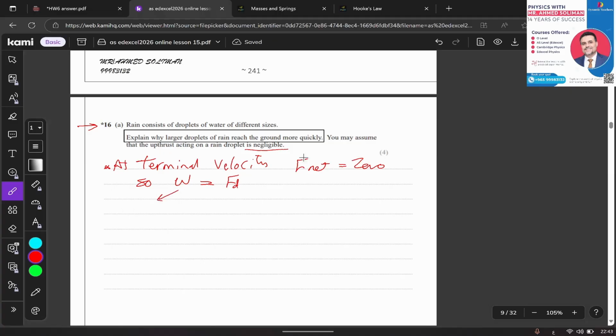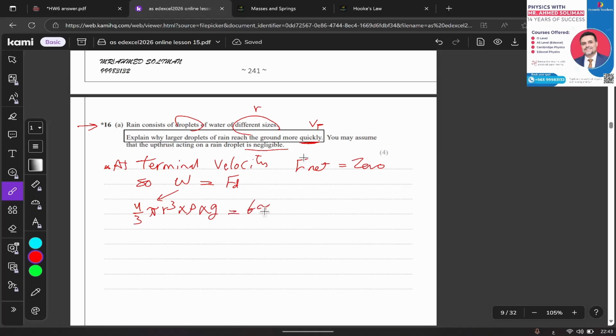Okay, what else? Because we want to find a relationship between terminal velocity and the size, since it says moving quickly. Size, in fact, is radius or diameter, right? Because it's a droplet, it's a sphere. So we can replace W with what? 4 over 3 pi r cubed, multiply rho, multiply g, right?